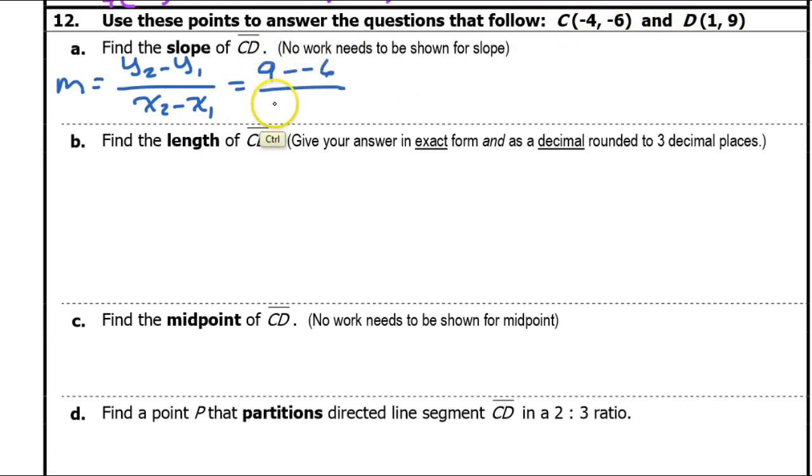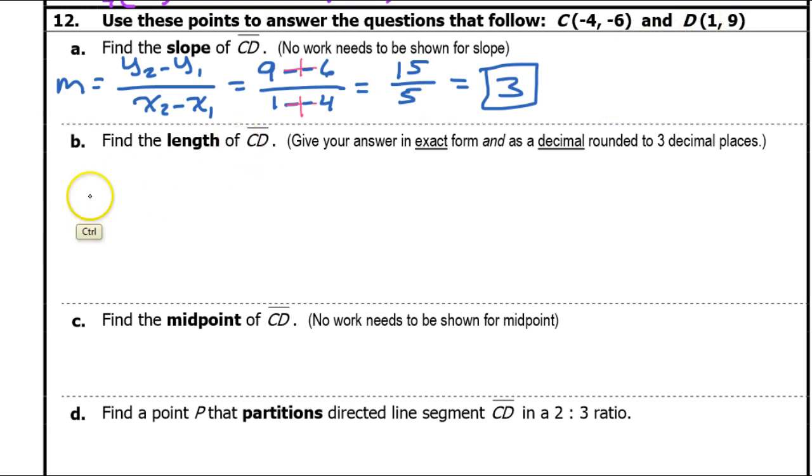X minus x, that's going to be 1 minus -4. We long ago learned that minus a negative is addition. So that's going to give us 15 over 5, which is 3. So there's the slope.